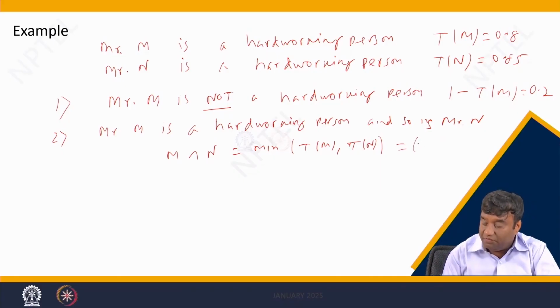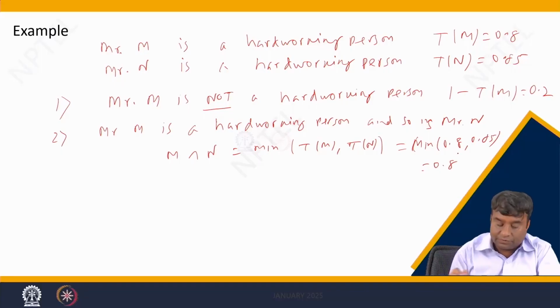That is basically the minimum value of 0.8 and 0.85, so 0.8.